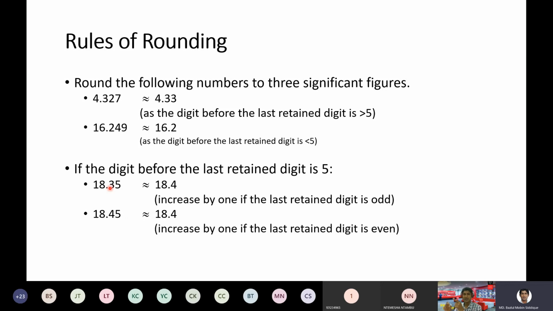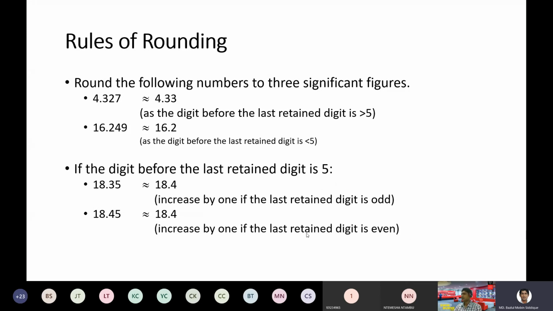If it is even, it will not be rounded off. See, 3 is an odd number, so it has been rounded off to 4. But 4 is an even number, so it has not been rounded off to 5. 4 stays as 4. So this is the rule of rounding.